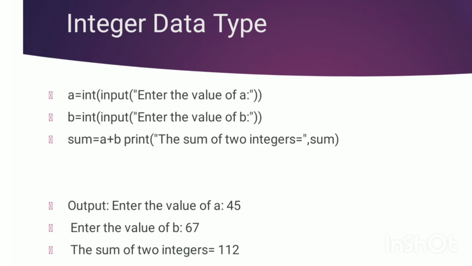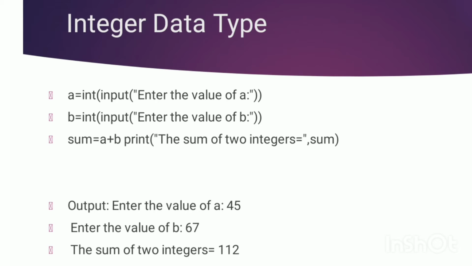We can handle numbers in Python with the help of the integer data type and float data type. Integer is a data type which is a whole number. It can be positive or negative without decimals, and it can be of unlimited length. For example, as you can see here, I have written a is equal to int of input, enter the value of a.